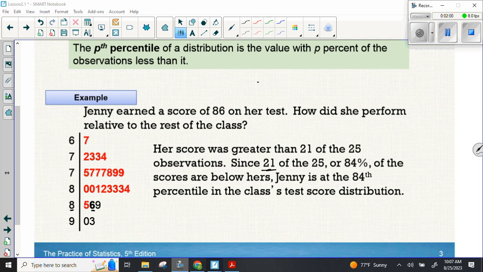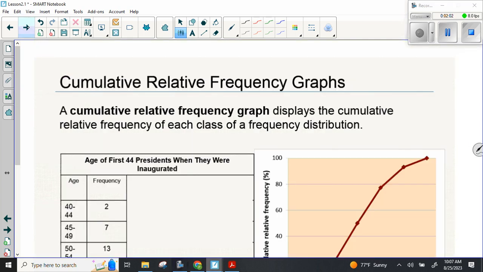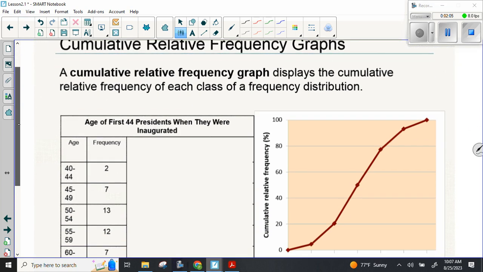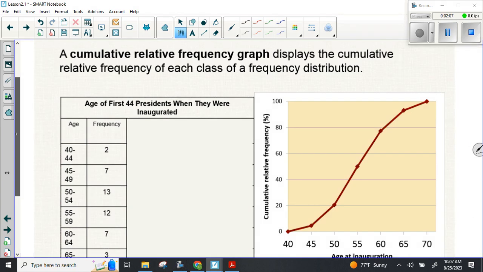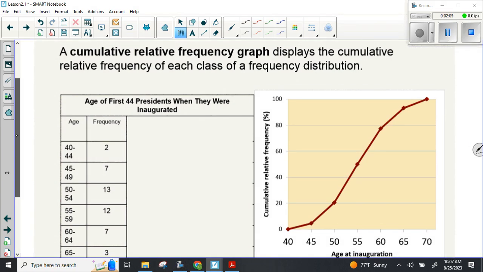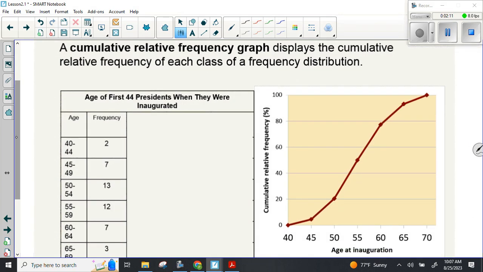All right. We can also represent the location of an observation in a distribution using a graph that's called a cumulative relative frequency graph. That's hard to say. It has another name. It's called an ogive.